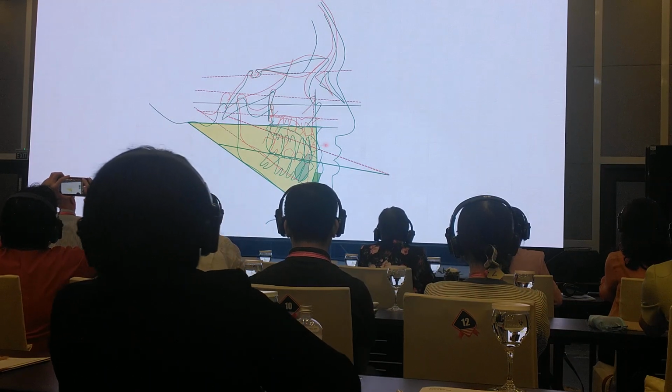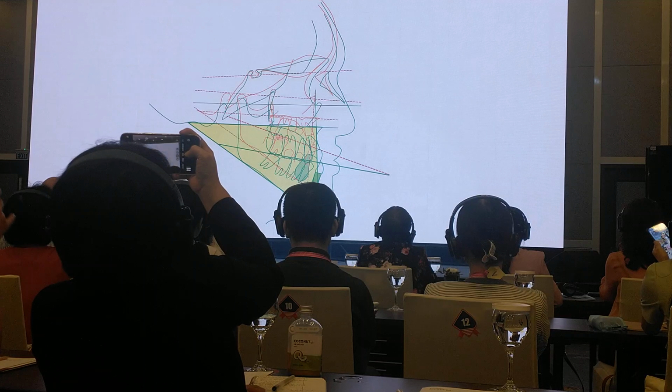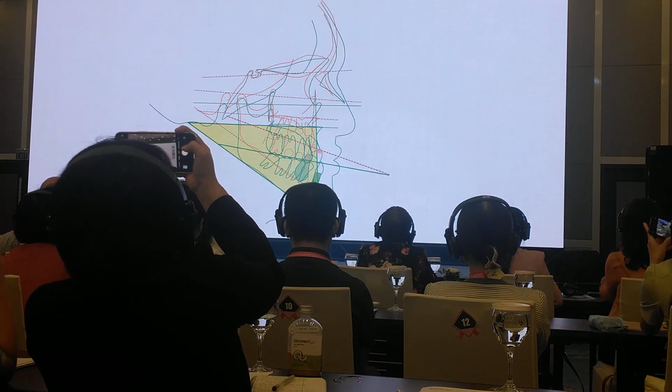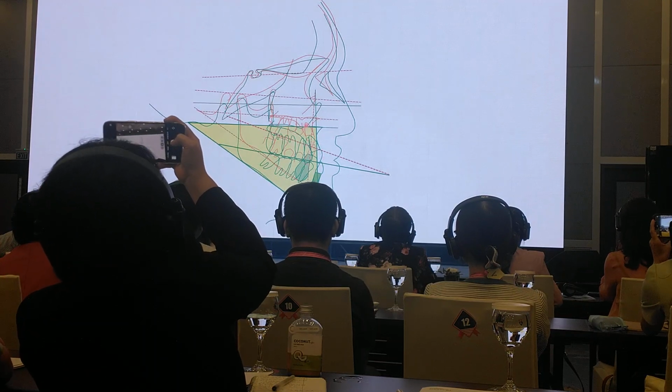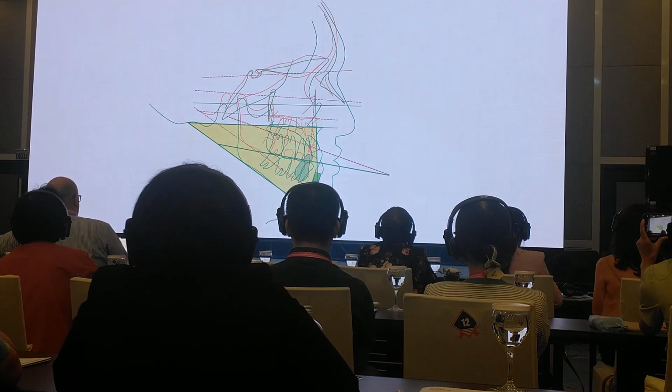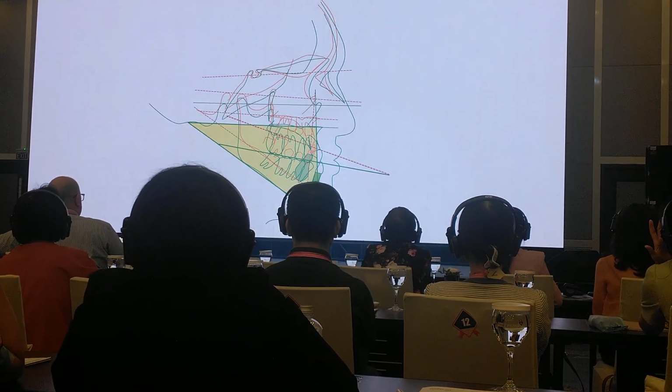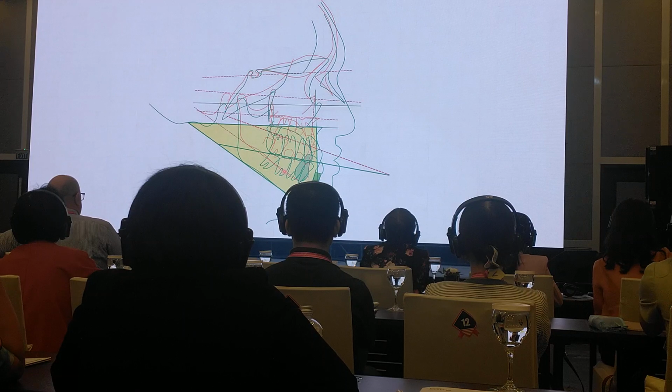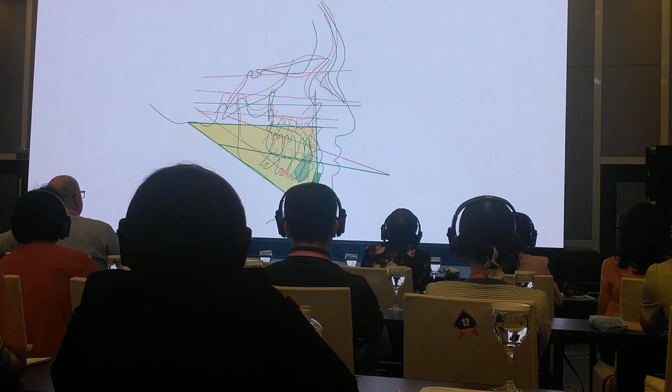Occlusal plane here. Then simple, very simple. This red color is 7 years old. 7 years old. Very simple. Therefore, I decided, oh, this is maybe easy. Correct.